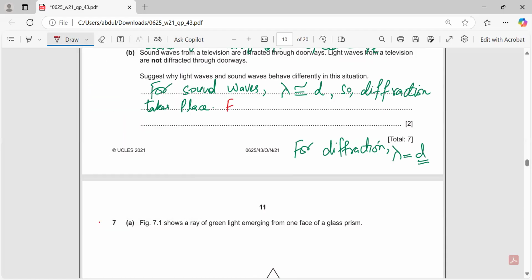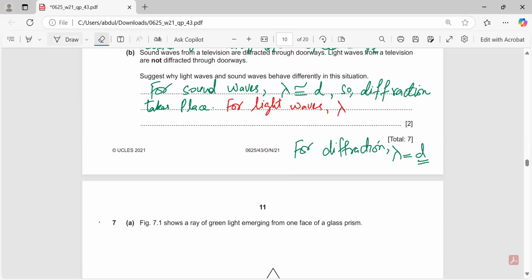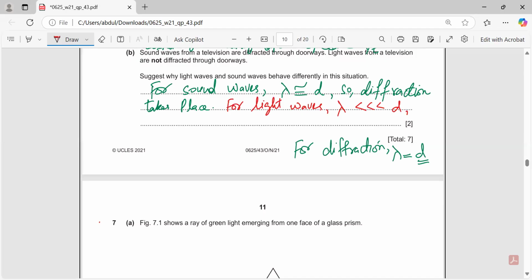But for light wave, the wavelength of the incident light is not equal to, or I can say, is very, very small compared to the size of the gap. So no diffraction is taking place. So like this, you can answer this question by knowing the basics of diffraction, which I have written for you people over here.